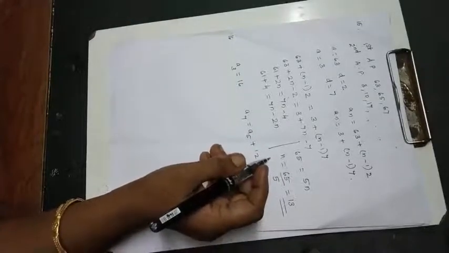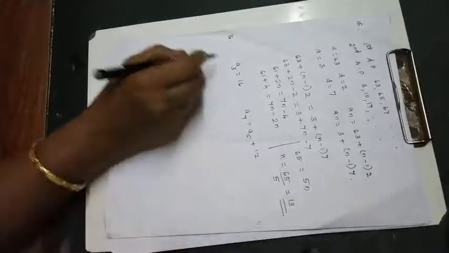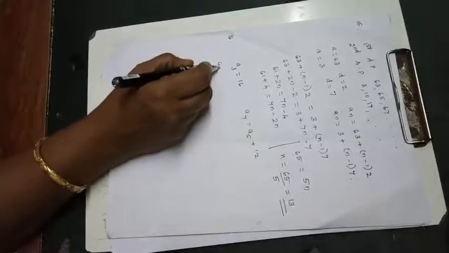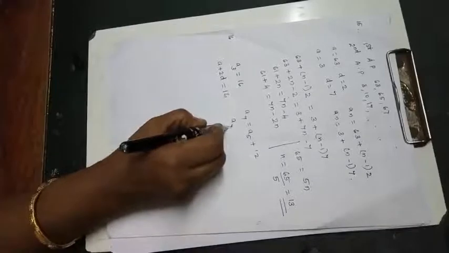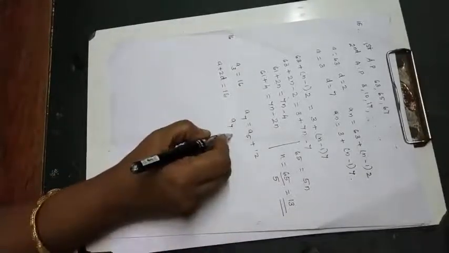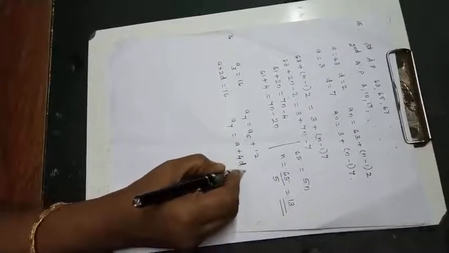So you have to find the AP. A3 means A plus 2D, that is equal to 16. A7 means A plus 6D, and A5 is A plus 4D, plus 12.